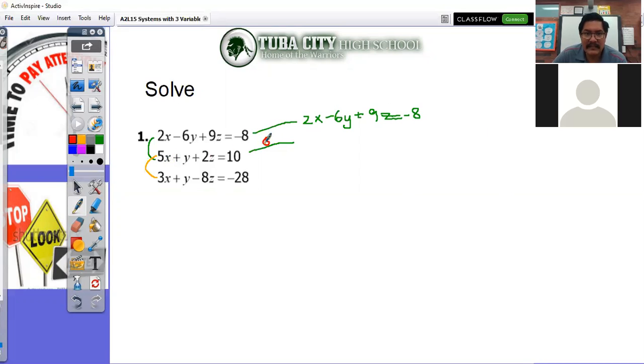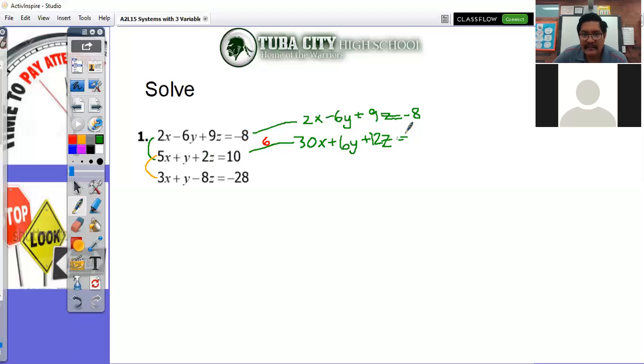So that's going to be 30x times 6, plus 6y, plus 2 times 6, that'd be 12z.